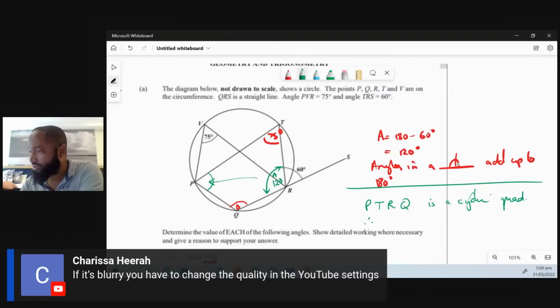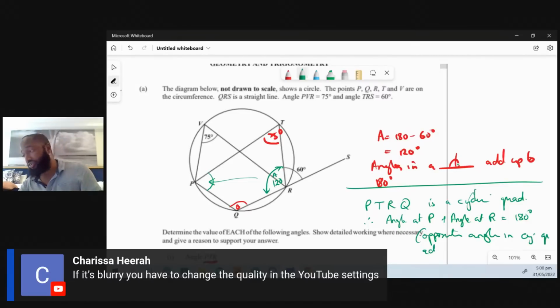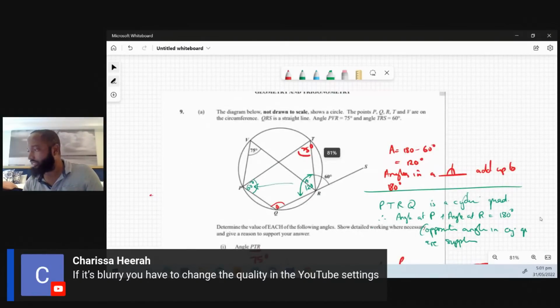Therefore, angle at P plus angle at R is equal to 180 degrees. And the reason is opposite angles in the cyclic quadrilateral are supplementary. That just means they add up to 180 degrees. Say why in the chat if you understand that. So this will be 60 degrees.